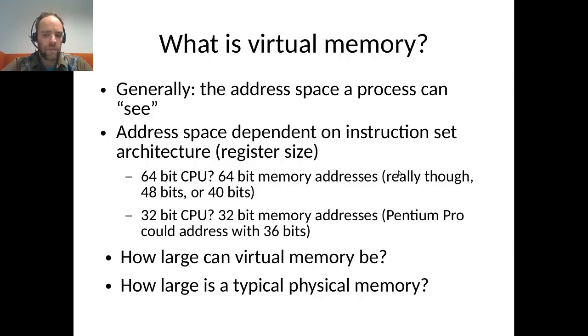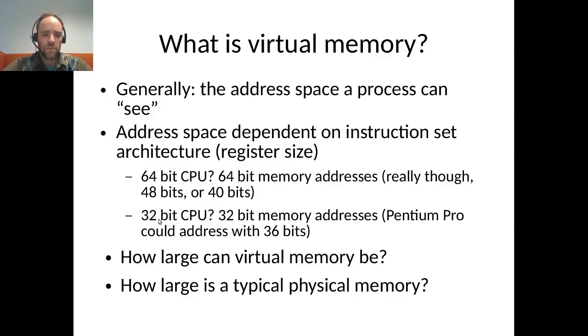But in reality, in practice, it's far fewer that are actually used. So even though the theoretical limit is 64, for example, on AMD CPUs, we generally can virtually address 48 bits, and on Intel CPUs, 40 bits. So significantly smaller than the theoretical limit and the size of the register.